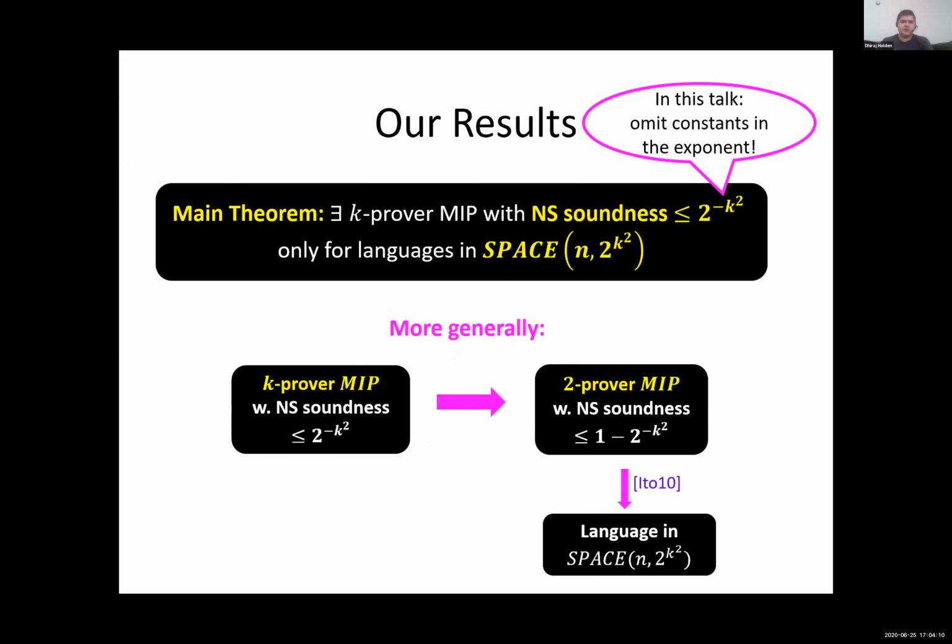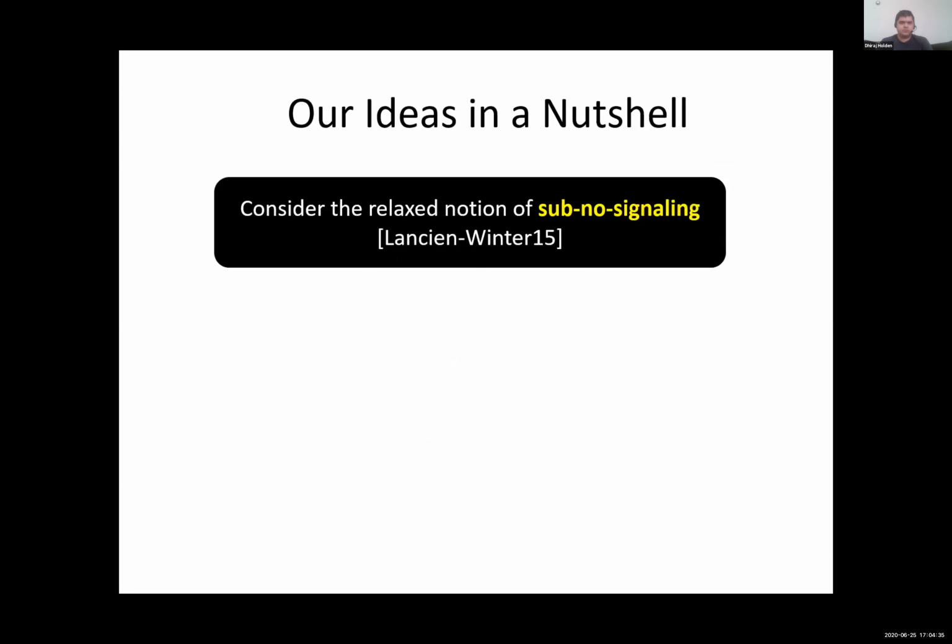The way we show this is that we go from a k-prover MIP with very small non-signaling soundness to a 2-prover MIP with non-signaling soundness that is bounded away from 1. Then we use this known result to show that it's in p-space.